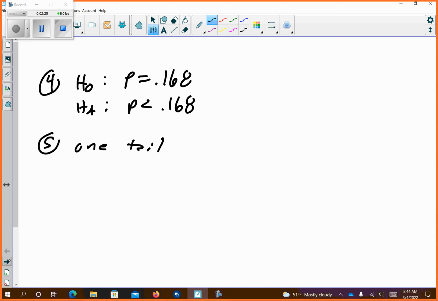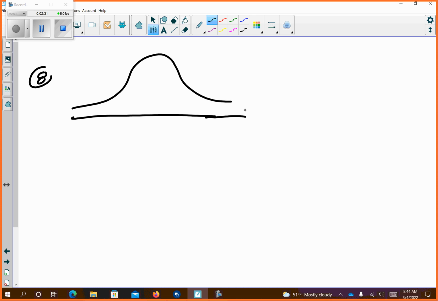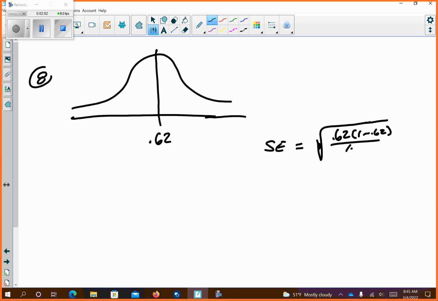All right. So problem number 8, we want to draw ourselves a normal curve. Let's pretend I can draw really well on a Friday. So we know we have 0.62 in the middle here. We're going to get our standard deviation, which is our standard error: the square root of 0.62 times 1 minus 0.62 over the 100 people.